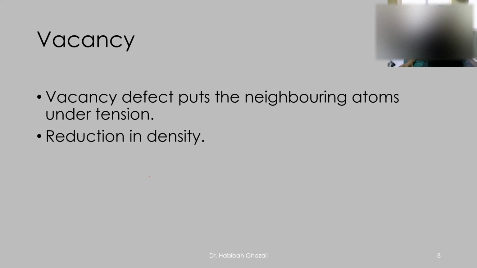And also we will have a reduction in density. That is why, when we learned about theoretical density, I mentioned that theoretical density will always be slightly higher than the real density, because the true density has some imperfection in the crystalline solid. This is what is caused by vacancy.